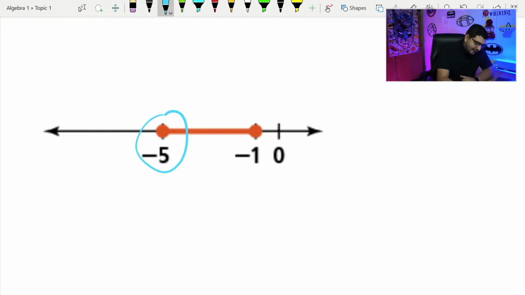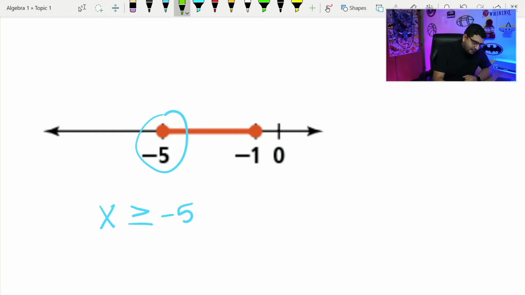Here it seems I had x. Since I have a shaded-in circle, I know it's going to be either greater than or equal to, or less than or equal to. Since it's going in the direction of the right, I know x has to be bigger than -5. So x has to be greater than or equal to -5; it's allowed to equal -5.